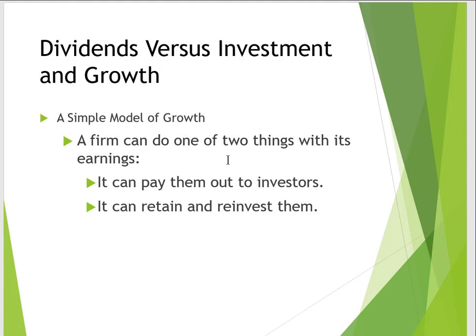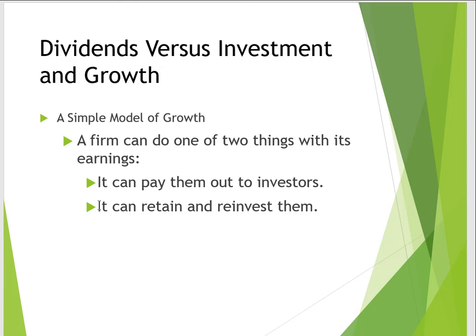So a firm can do two things with its earnings, and this is how this all incorporates into the growth of the company. If the company pays its earnings out as dividends to its investors, then it doesn't have this cash to reinvest and grow the company. So the only other alternative is to retain it and reinvest it.